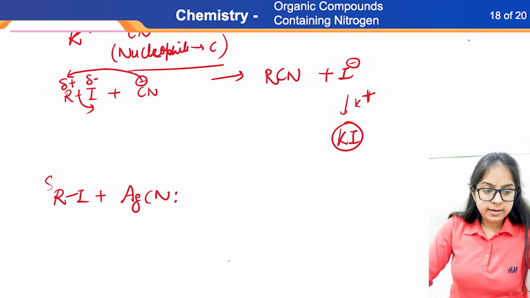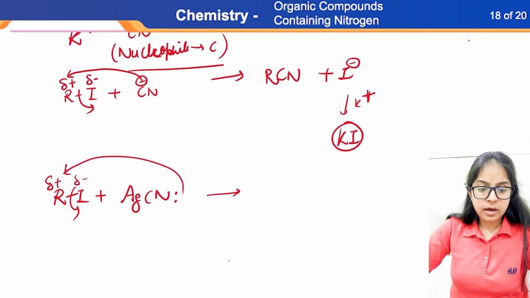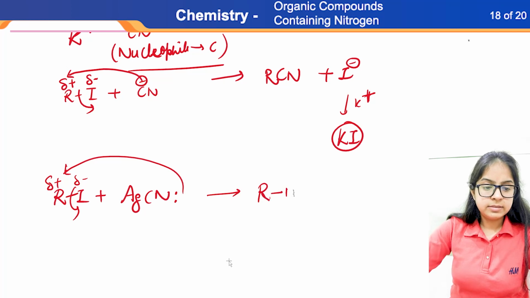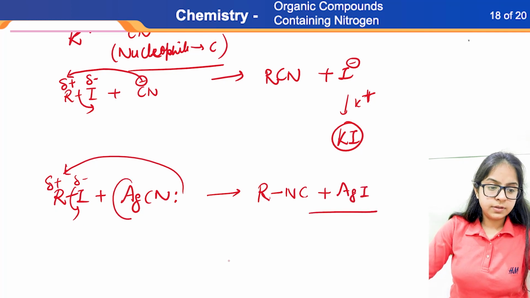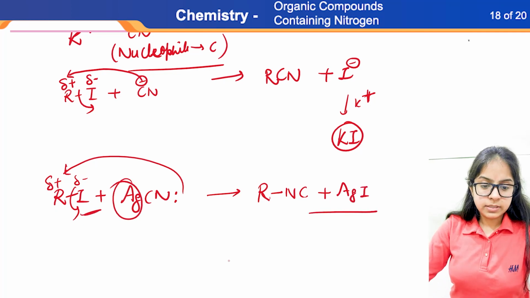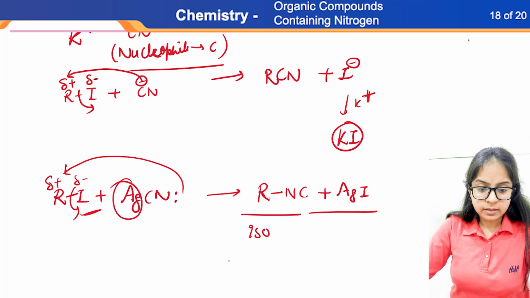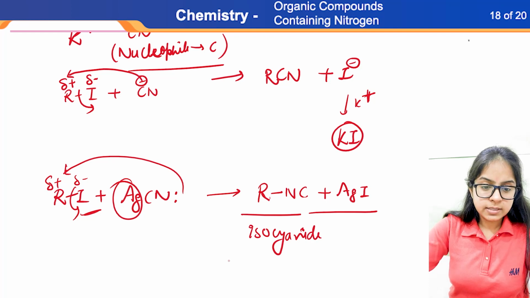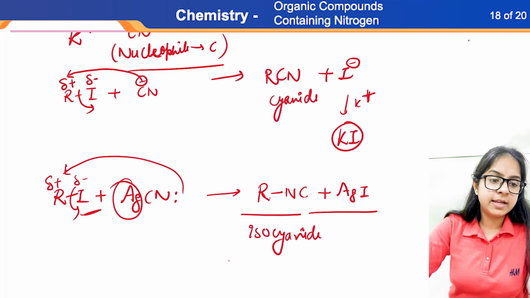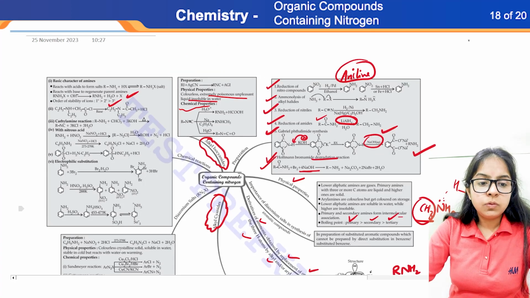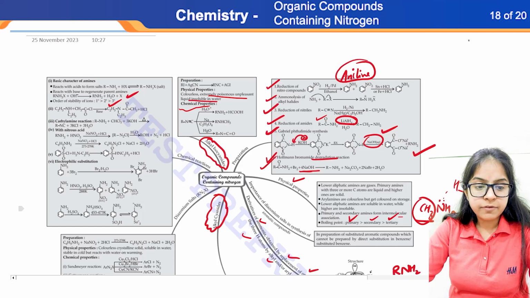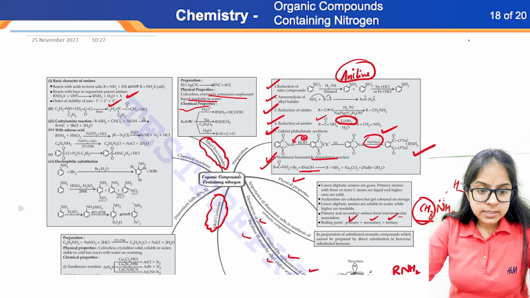It can attack on the delta positive carbon, and I is going to get removed: RNC plus AgI, because Ag is going to get removed with the I. So this is isocyanide, and the other one is cyanide. These are the preparations of cyanide and isocyanide. Here the twist is that we are using an ambident nucleophile, which can attack from both sides. That's why this gives the preparation of RNC and RCN.